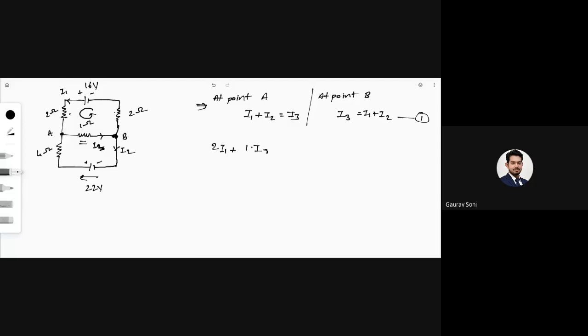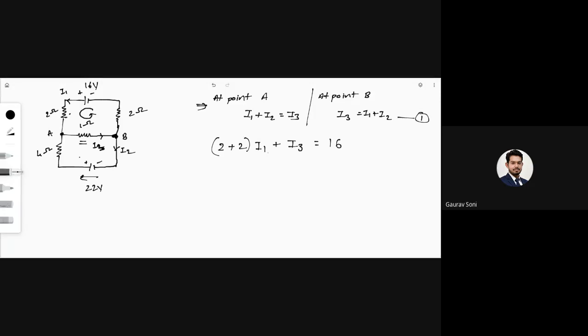I1 is passing through these two resistors of 2 each. So what this will be equal to? 2 plus 2 times I1 plus I3 is equal to the applied EMF, that is 16. Is everyone clear with this step? If you have any problem, you can ask right now.